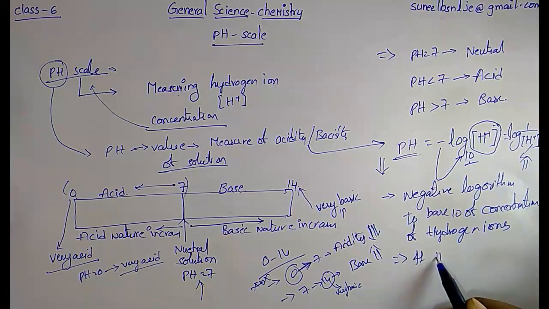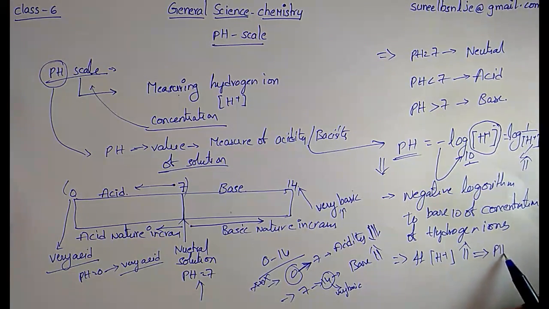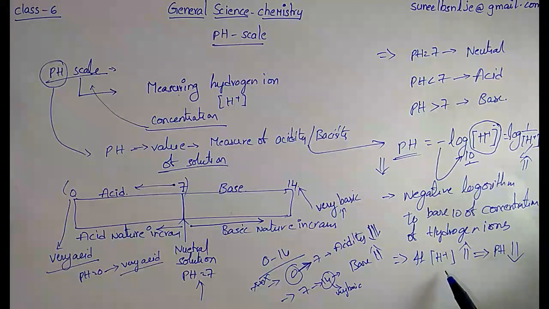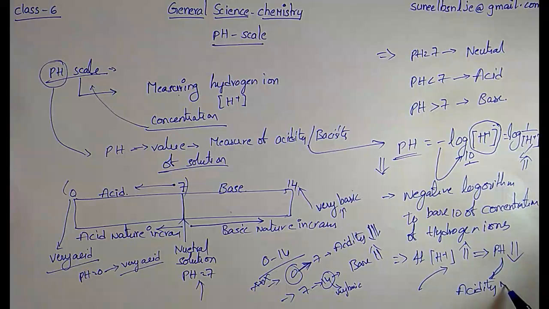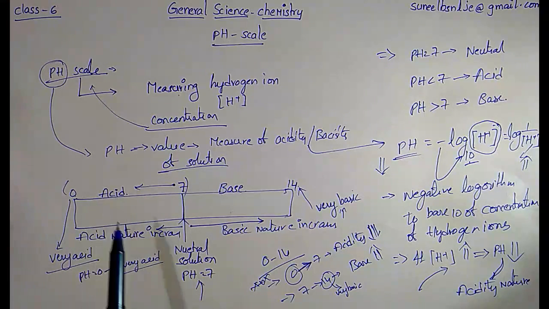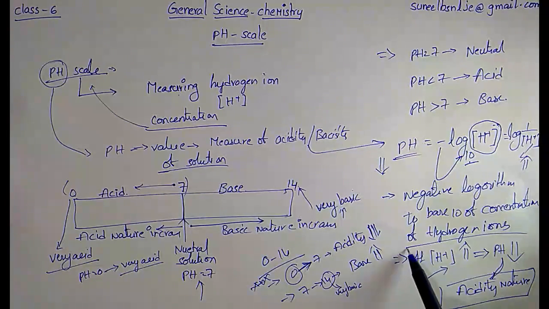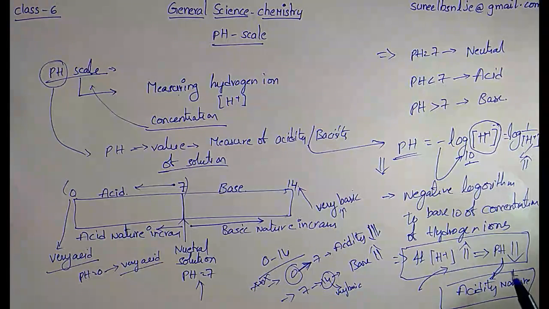If the H plus ion concentration increases and the pH value decreases, it means the acidity nature increases. It is very important, friends. As H plus ion concentration increases, pH value decreases.